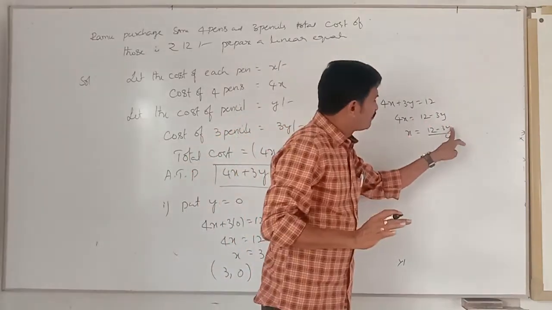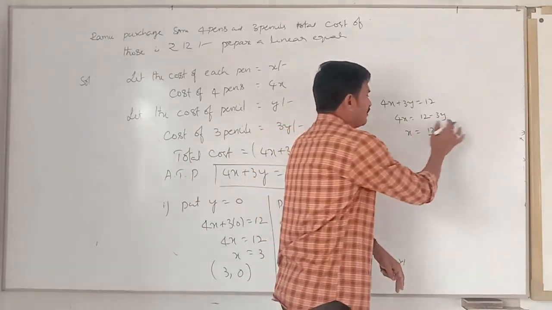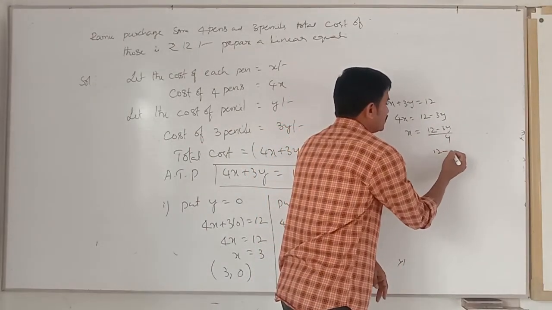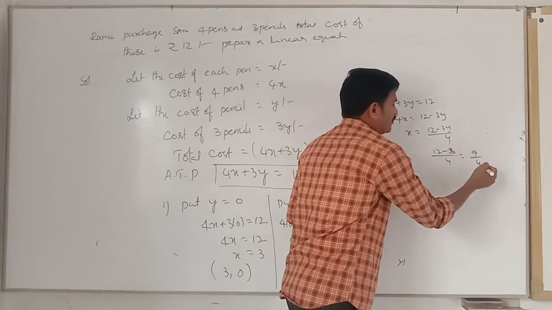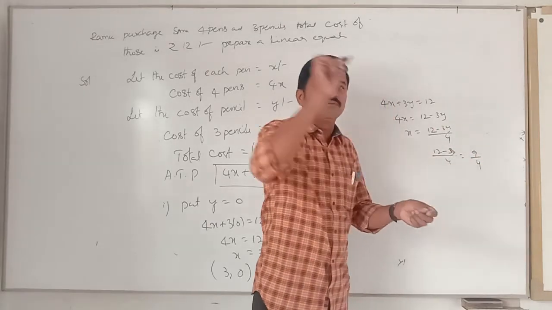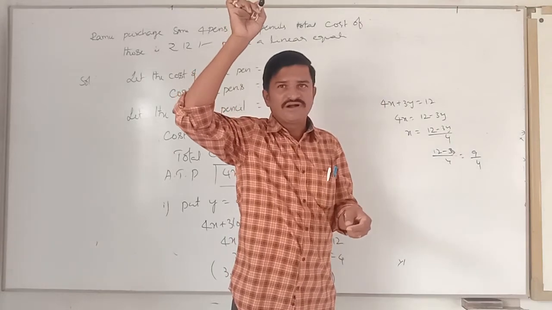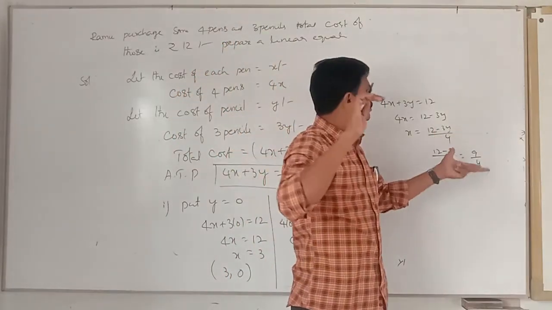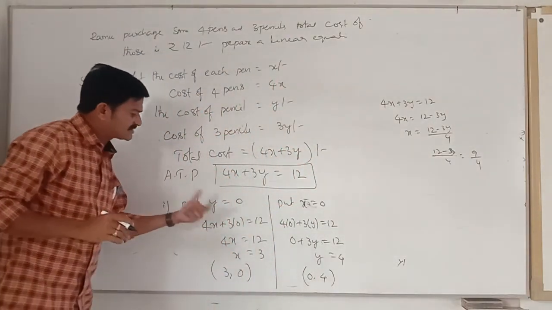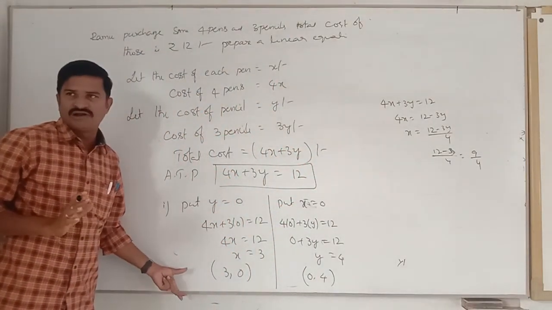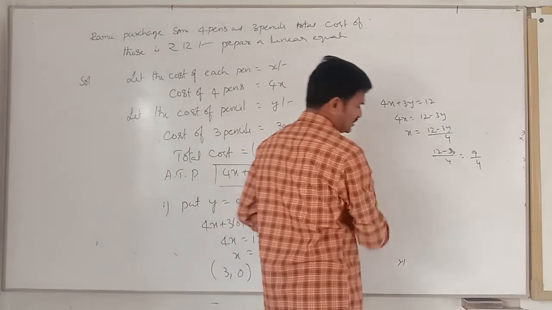If you substitute 1 in place of y, 12 minus 3 by 4 is equal to 9 by 4. 9 by 4 means plotting the point is difficult now. Difficult or not? So to reduce such burden, I am asking you to follow this method. Are you clear? Now plot the points in the simplest way.